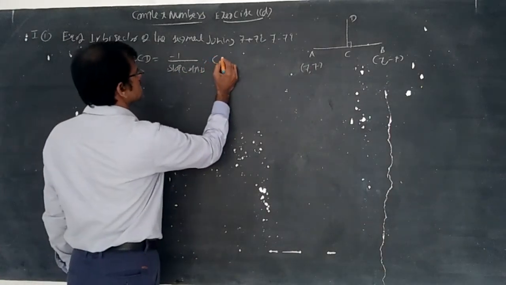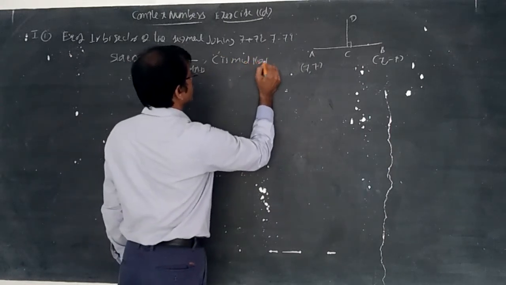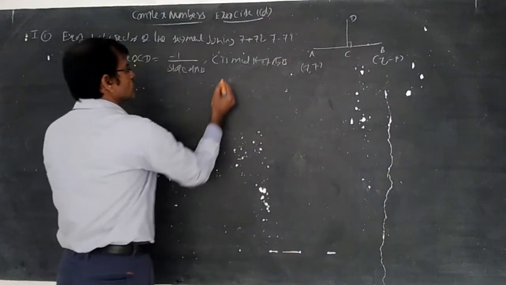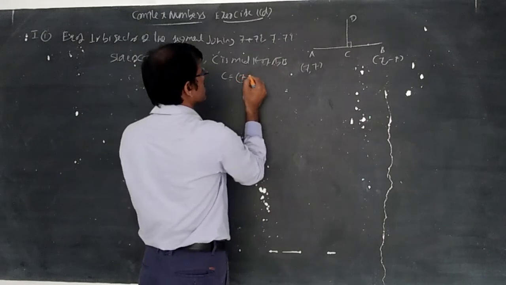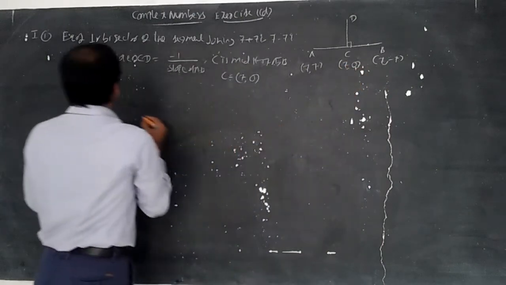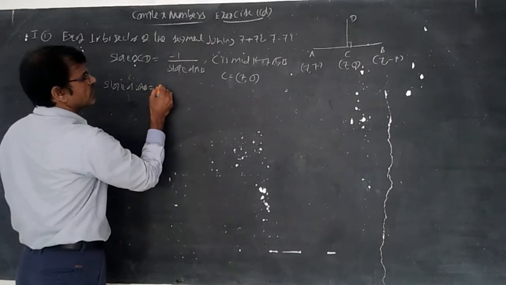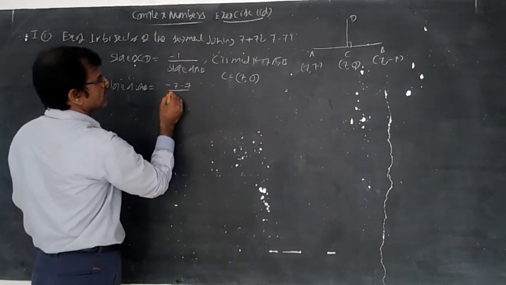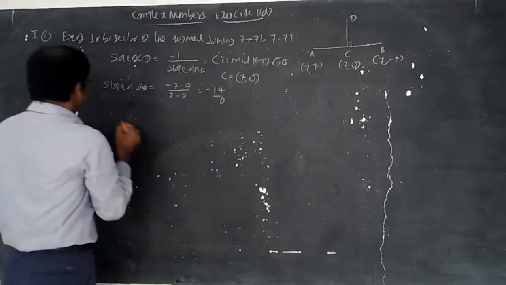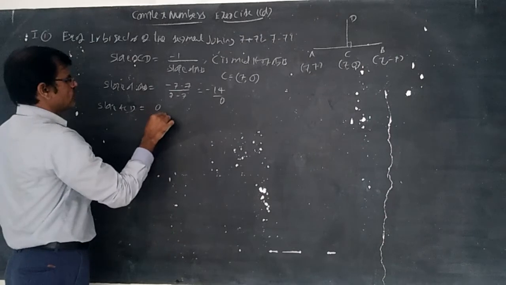The concept is C is the midpoint of AB. So C is ((7+7)/2, (7-7)/2) which is (7, 0). Let us take the slope of AB as (-7-7)/(7-7), that is -14 by 0. So the slope of CD is 0 by 14.